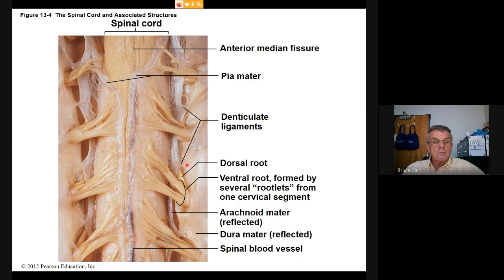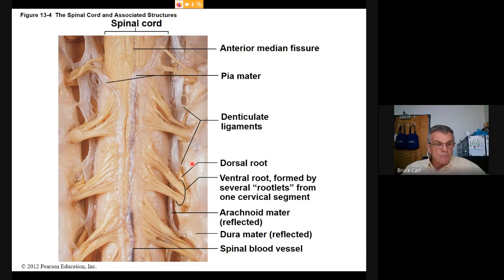These denticulate ligaments go from the pia mater, where they're connected to strong fibers, out through the dura mater and connect to the bony structure of the vertebra that surround them. So physically and chemically, we have a lot of very interesting structure here.